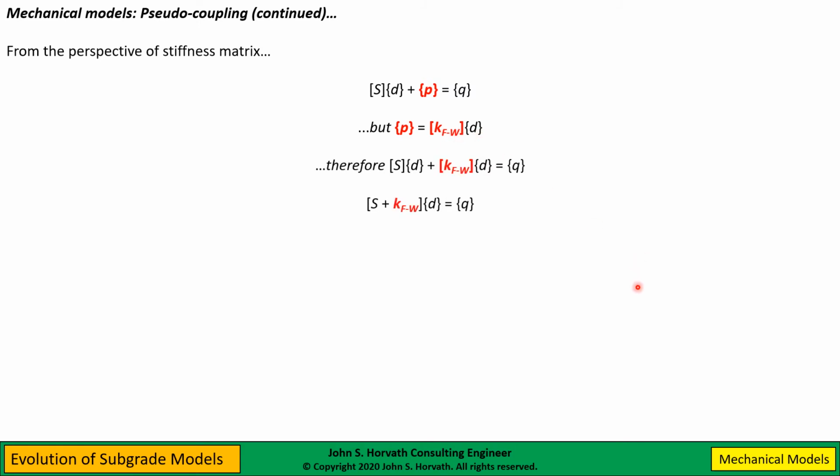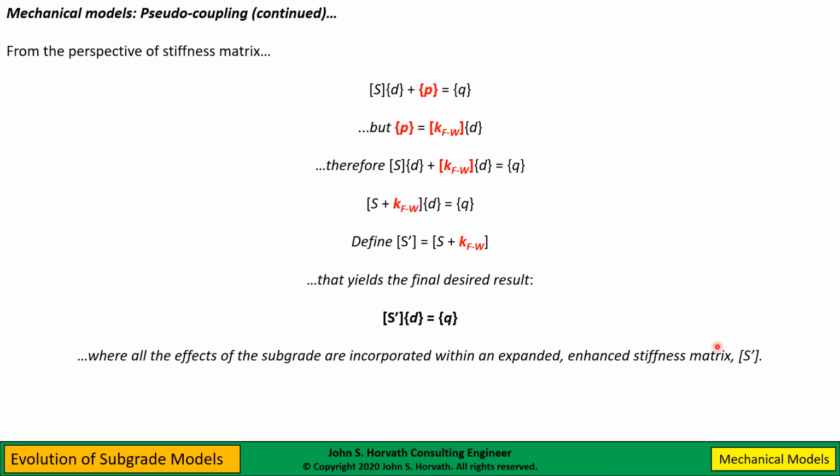And by some algebraic manipulation, we come up with a final result that shows we can have an expanded, enhanced stiffness matrix, where basically all of the subgrade effects are folded into the original stiffness matrix. And if K is constant, well, it makes it even easier. And in the process, obviously, we've gotten rid of the subgrade reaction as a separate problem parameter and variable.